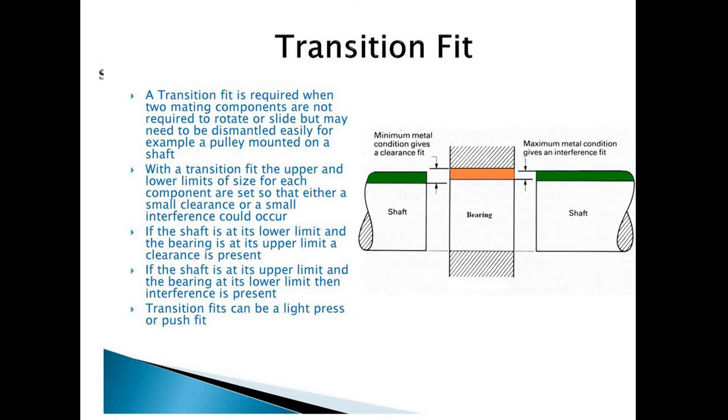In this case, the minimum size of the hole is less than the maximum size of the shaft, so the difference between the size of the hole and the size of the shaft is negative. That's why the fit resulting in this case is an interference fit. So the transition fit is nothing but in between the clearance fit and interference fit.